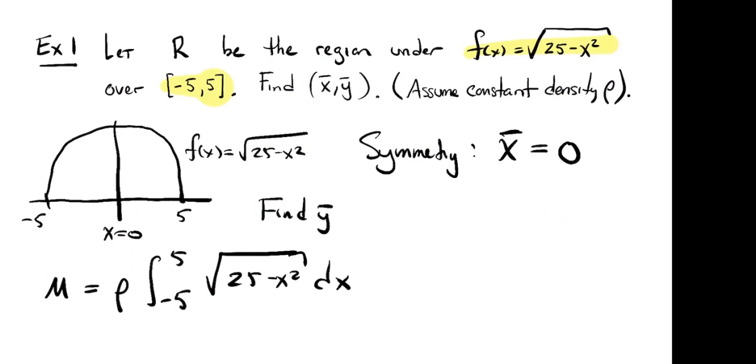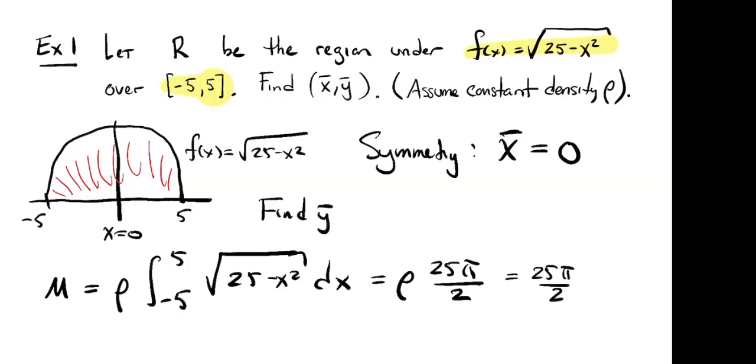I'm actually going to take advantage of the fact, and maybe you thought this too, that that integral, ignoring rho, is giving me the area of that semicircle. And since it's a semicircle, from geometry I can tell you what its area is. It would be 25 pi over 2, since that's the full circle over 2. So there's our mass. But yeah, 25 pi over 2 times rho is the mass of our region.